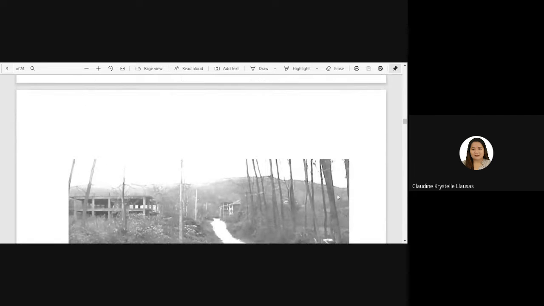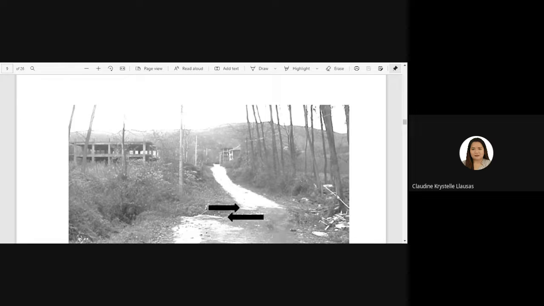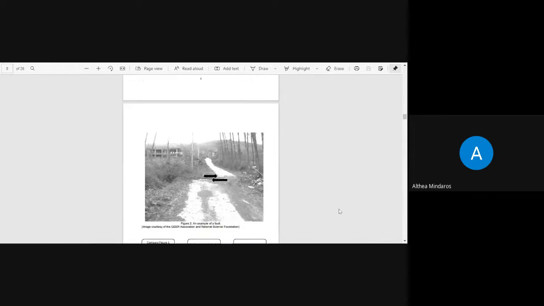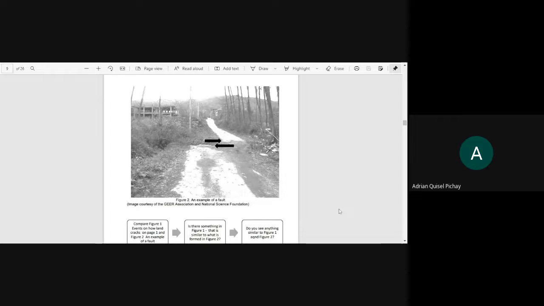Okay, here. Nakakita ba kamo sa figure? Yes, ma'am. Okay. Every time nga maglinog, di ba naay makita nga liki? Oh, murag dili pareha ang direction. That's an example of a fault. Kana siya actually is ang road, dalan.